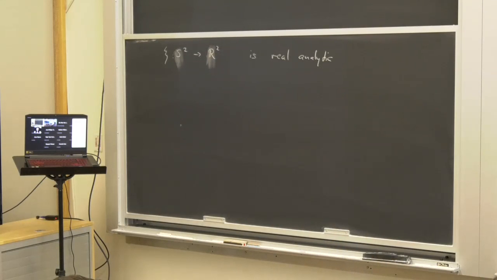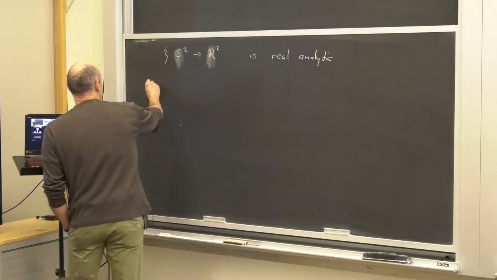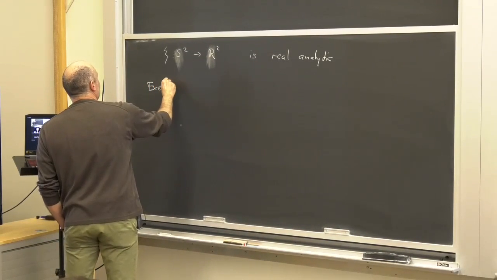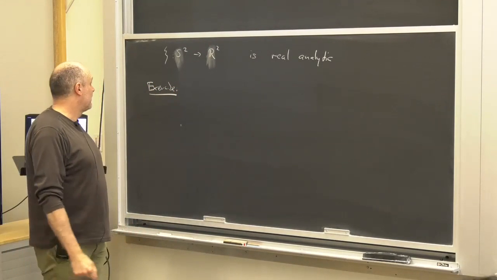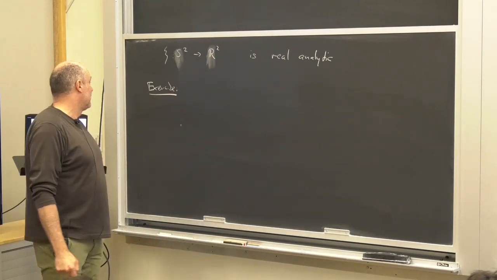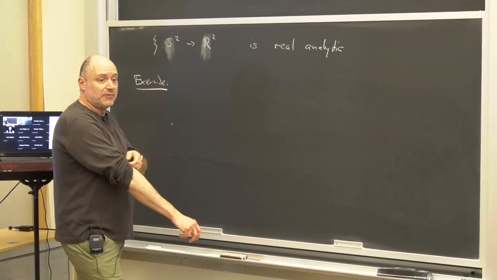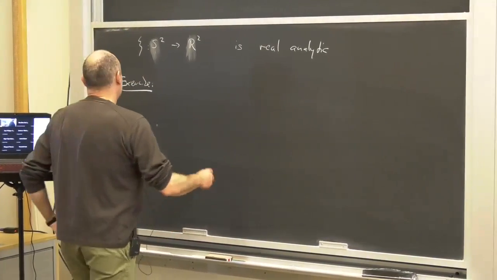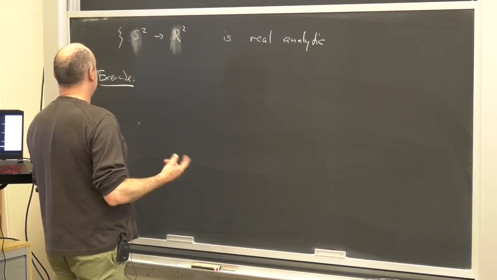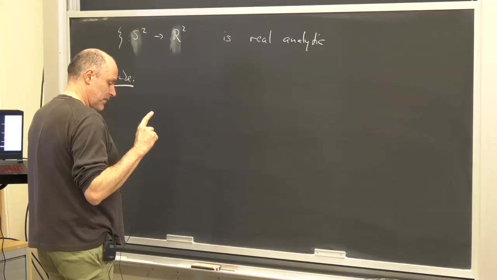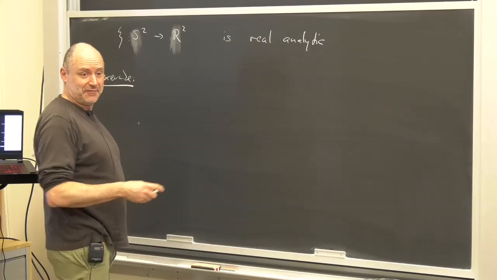Okay, so the first observation is purely o-minimal. I leave it as an exercise. If you have a map, in fact, that's still about o-minimal map, if you have a map on S2 into R2, then you can have at most codimension 2 size set of singularities.